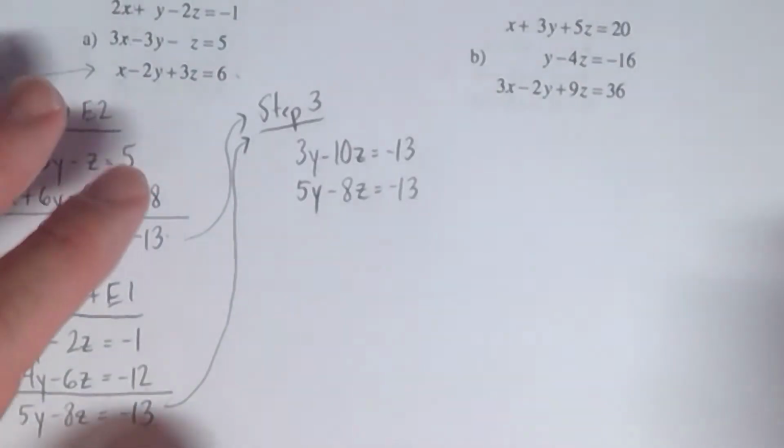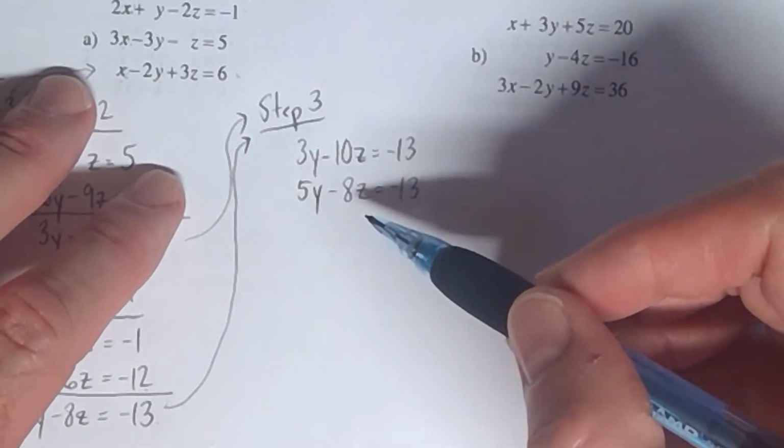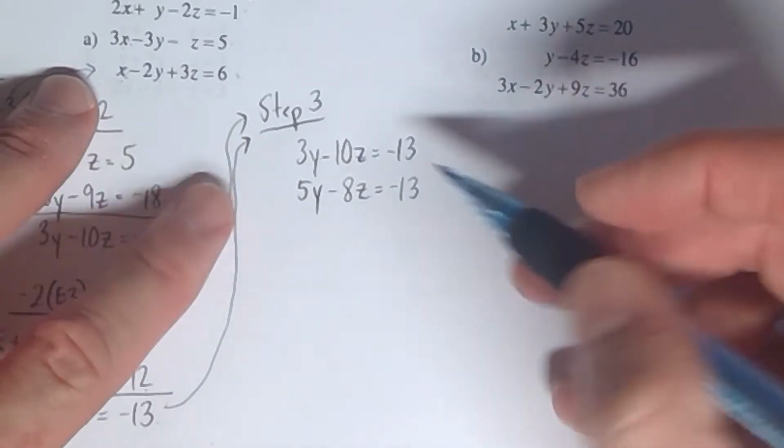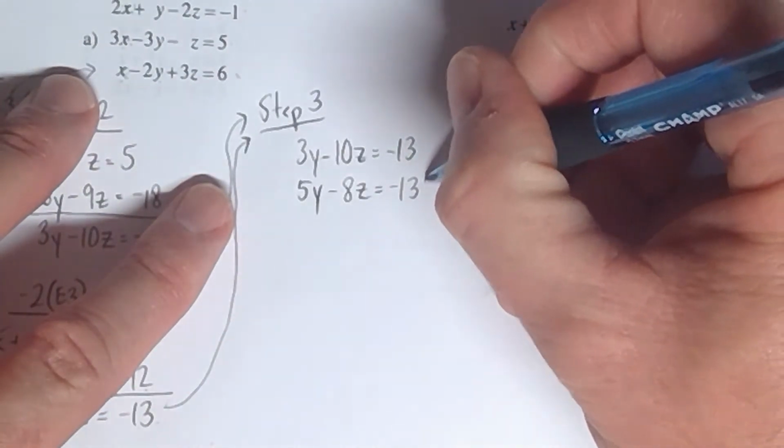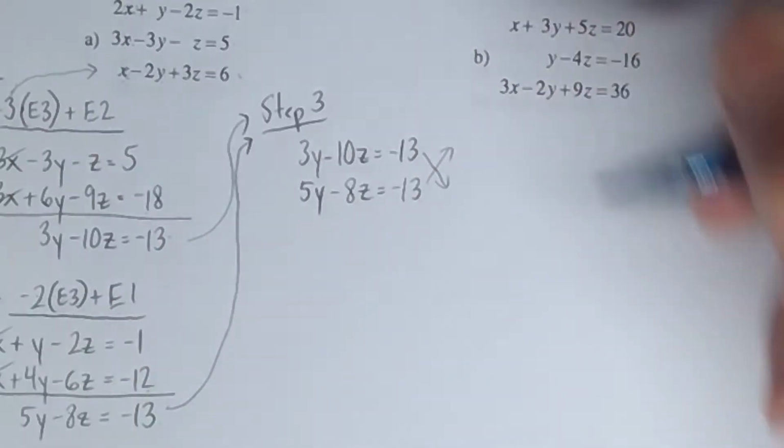Okay, we're going to do that same thing here. Again, it's your choice of which variable you want to do, just like it was back in 3.1. So I'm going to go ahead and eliminate y, just to pick something. And so I'm going to flip the 3 and the 5.